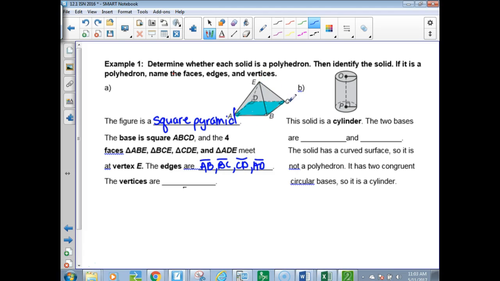The edges of the triangles would be AE, EB, EC, and ED. It doesn't matter what order you write the letters, of course, because they're segments. So those are all of the edges of that figure. The vertices are simply all of the points where those edges meet. So that's just going to be A, B, C, D, and E.